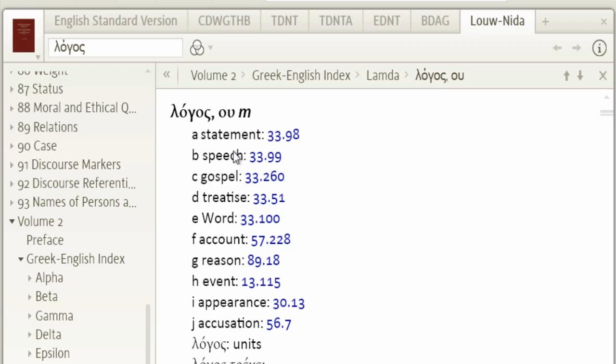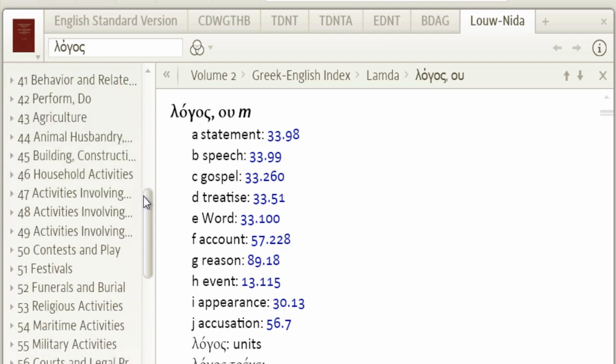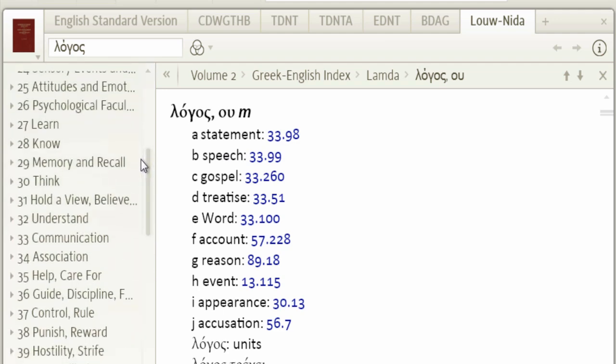Let's take a look at this semantic domain. This number 33 refers back to the domain here for communication. And you can see that each one of these meanings here, statement, speech, gospel, treatise, and word, all belong to the category or semantic domain of communication.